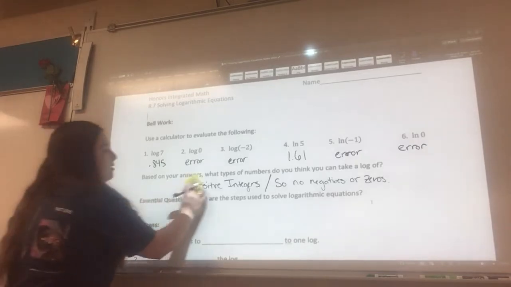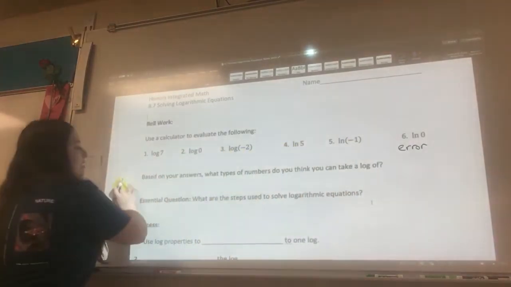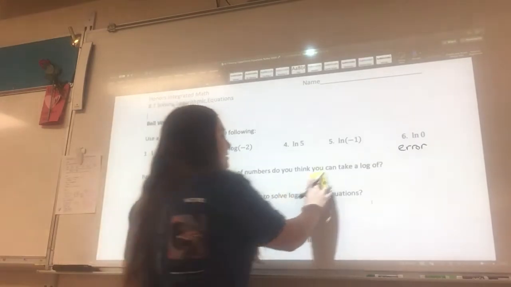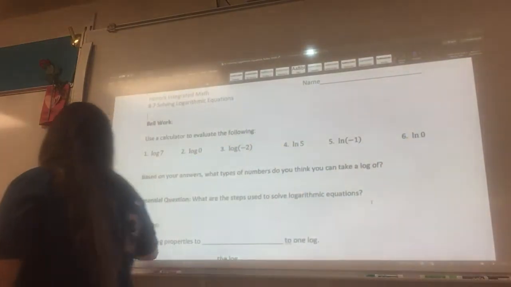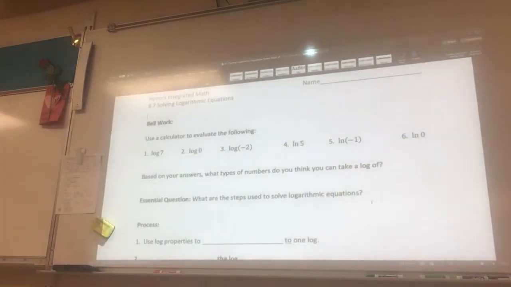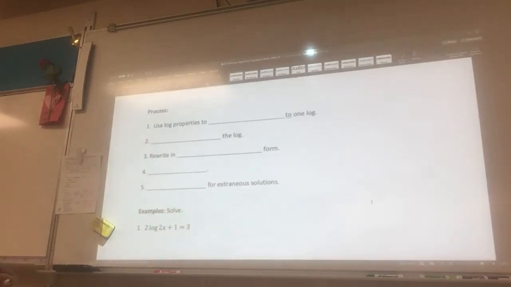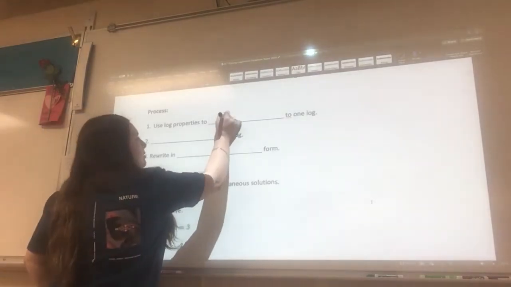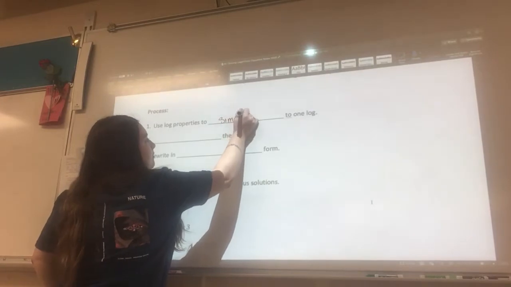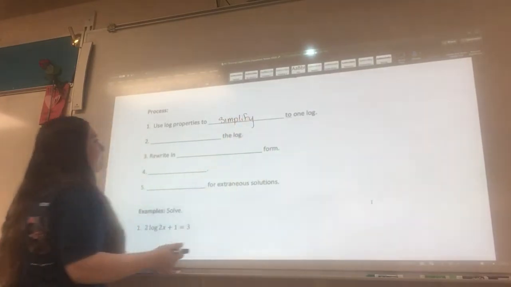Our first order of business is our essential question of the day. What are the steps used to solve logarithmic equations? Well, there's a process. In that process, we have 5 steps. First step is we're going to use log properties to simplify to 1 log.